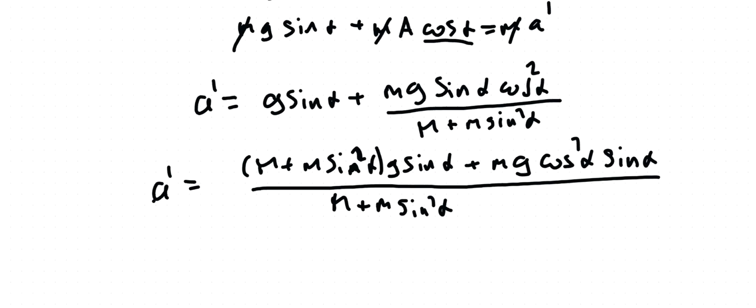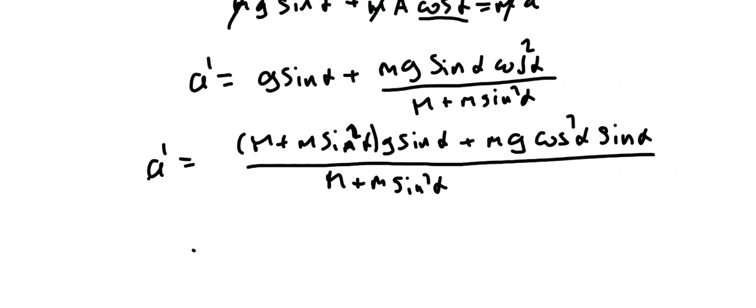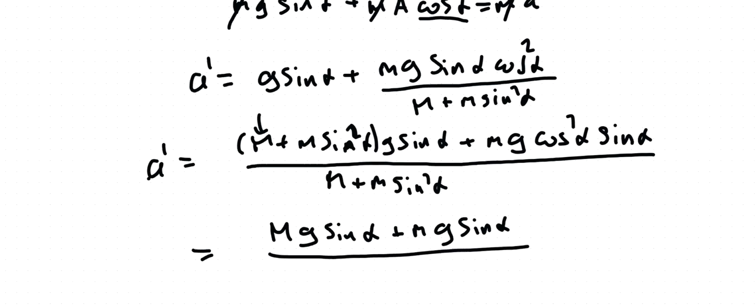So we can simplify that and say we have mg sine alpha, that's this term, plus capital Mg sine alpha divided by capital M plus m sine squared alpha.